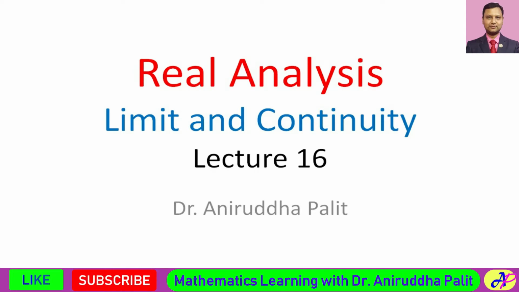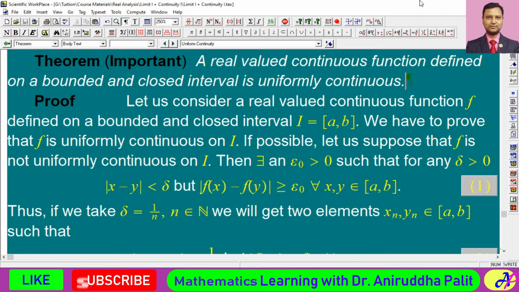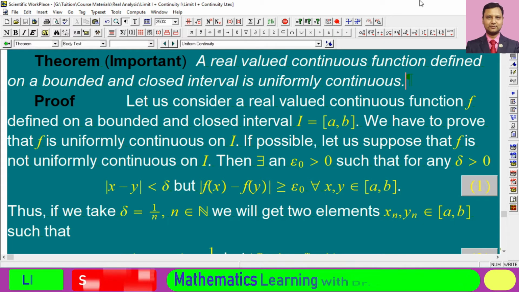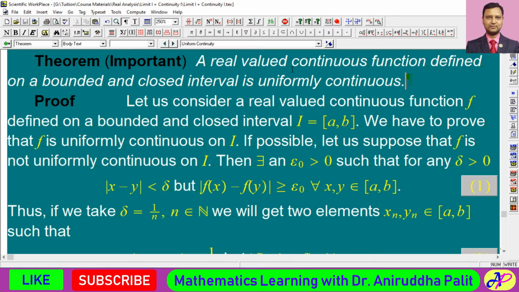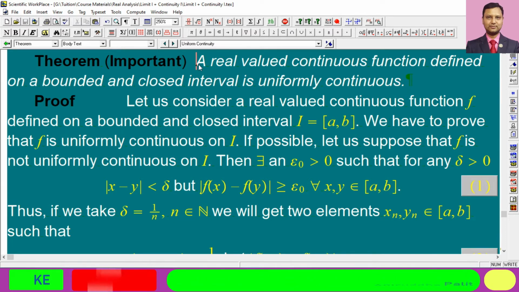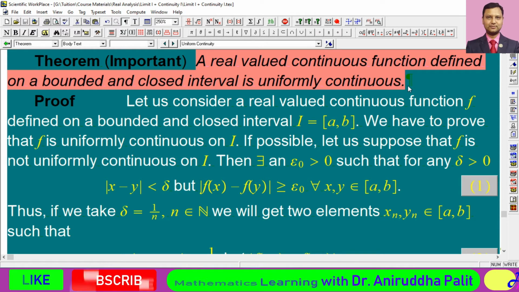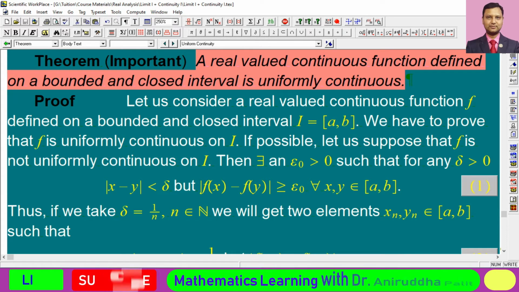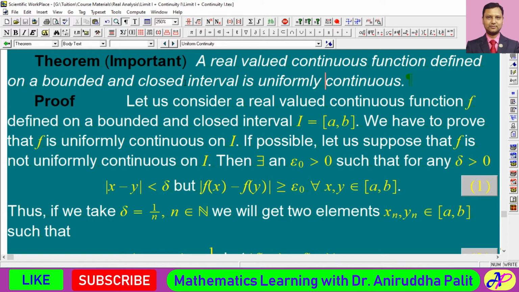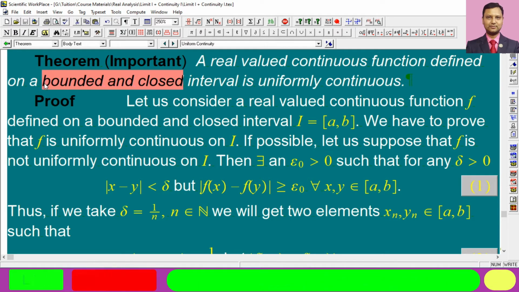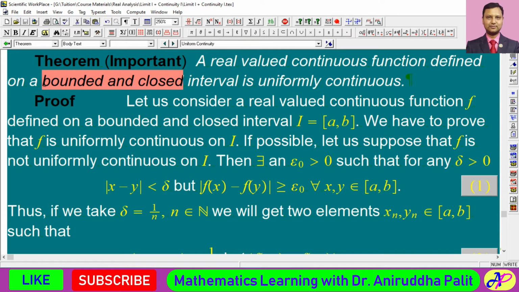in real analysis. In the last lecture, we discussed the statement of this theorem. A real valued continuous function defined on a bounded and closed interval is uniformly continuous. Here the domain of definition would be a bounded and closed interval.